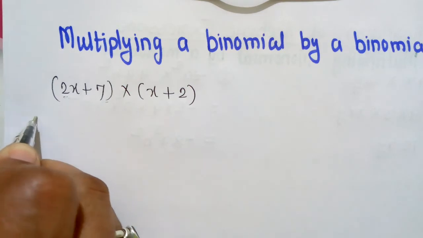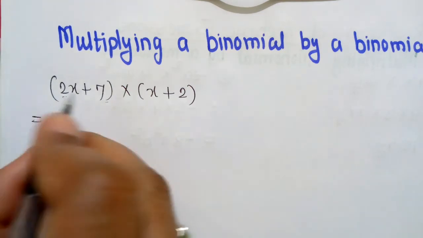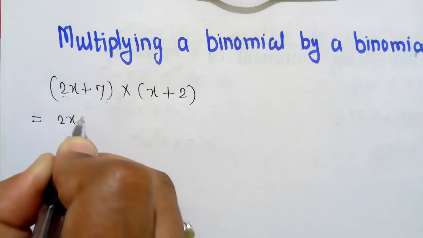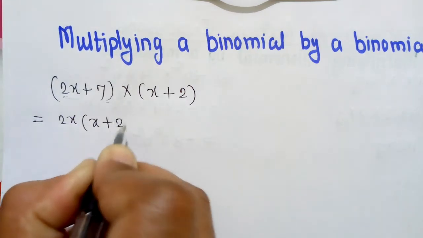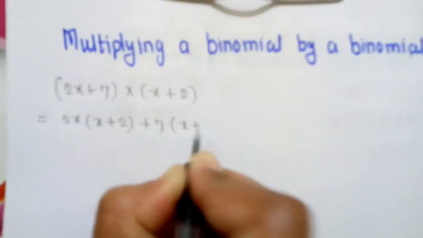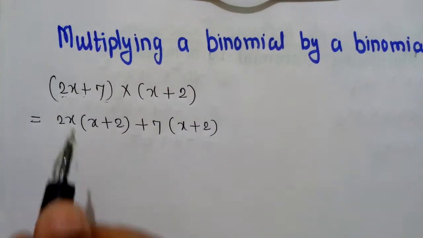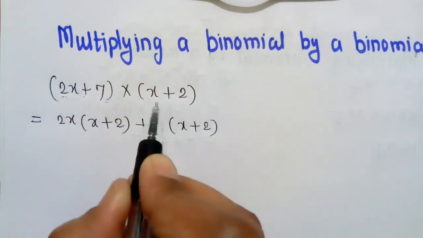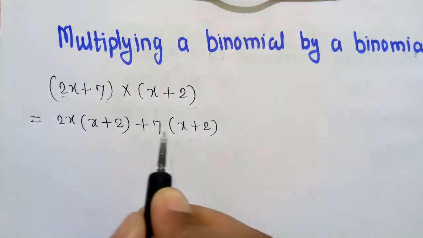See, with the help of steps you will understand. Suppose I take 2x and multiply it by this whole bracket, x plus 2, and the second one, plus 7 times x plus 2. Means what we have done here: multiplied the first term to this bracket and again the second term to this bracket.